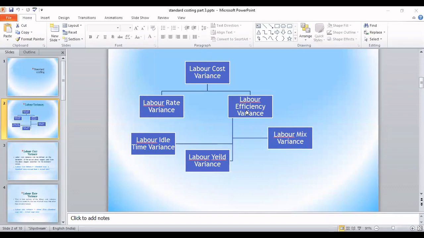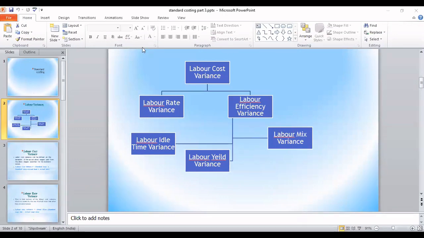Is this clear, everyone? So there are two factors responsible for labor cost. One is labor rate, at what rate your labor is going to work, and second is labor efficiency, within what time limit he will complete one particular task. Is this clear, everyone?